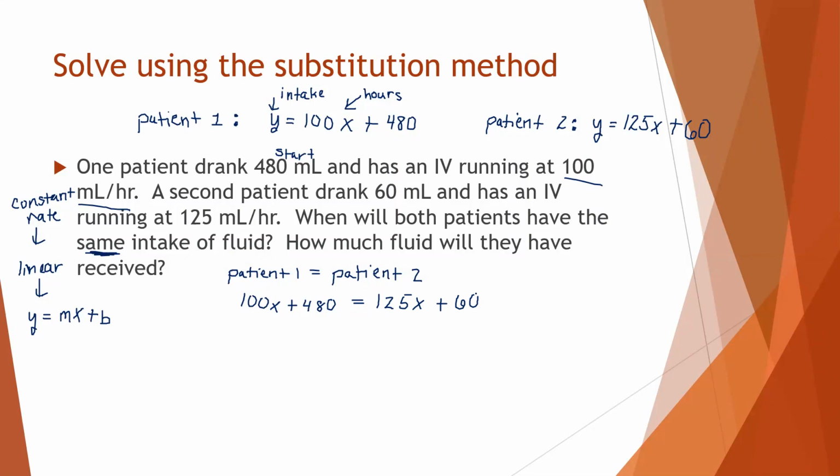Now, we are definitely using the substitution method, because what we have done is we have taken the second formula and substituted it in for the y value. So if I look at the way that I set it up with patient 1 and patient 2, I really have taken this formula right here, this 100x plus 480, and I said, well, that's equal to y.